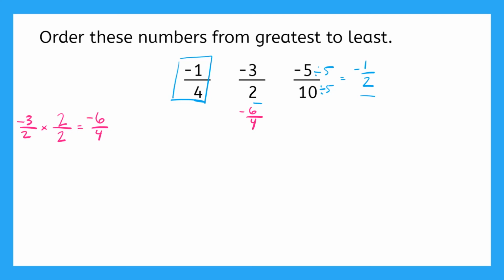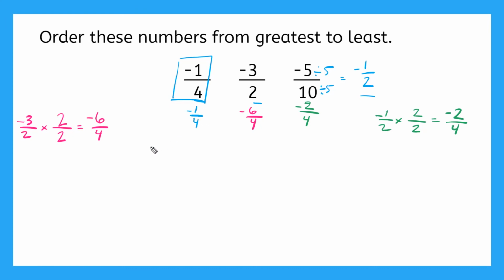Okay, so now I'm going to need to do the same thing for negative 1/2. If I have negative half times what will give me a fraction with a 4 on the bottom? Still have to multiply 2 on the bottom, so that means 2 on the top. That gives me negative 2/4. So here is negative 2/4.